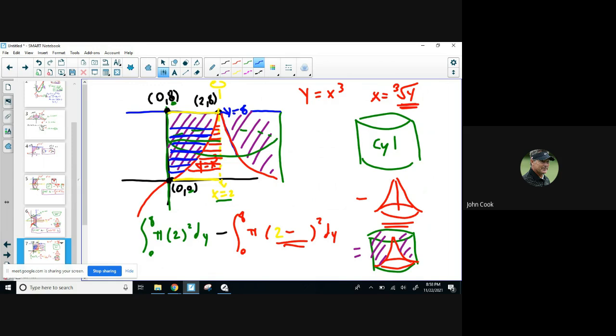So 2 minus the cube root of y gives me my equation. That's what happens when you have offset axes of rotation. You just have to find that difference, or the sum in some cases. It depends on each situation. You just have to work through it and find that difference.